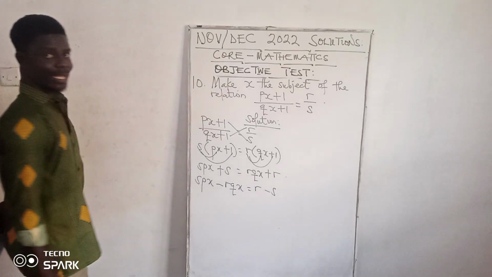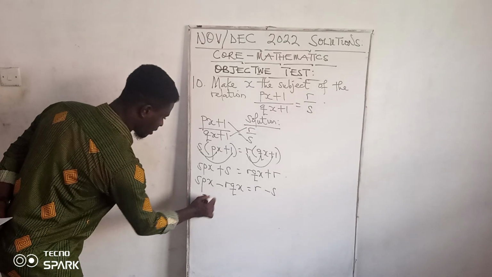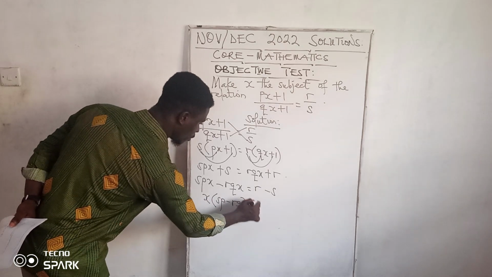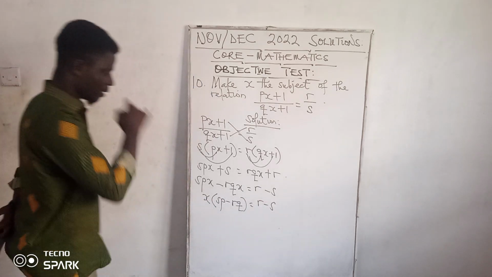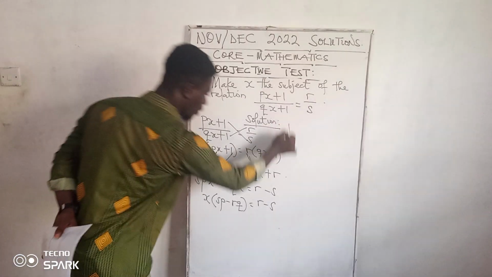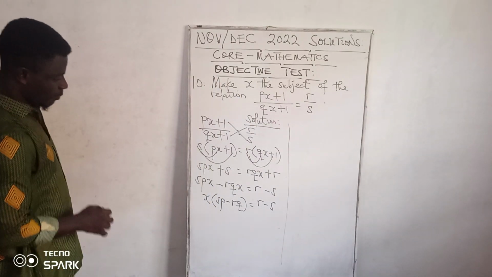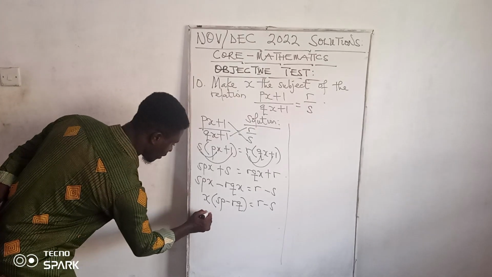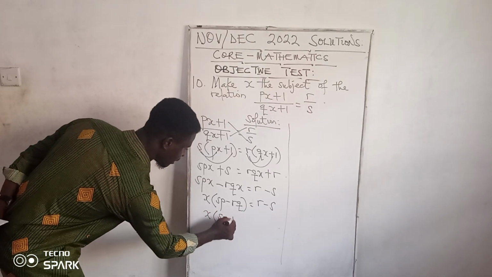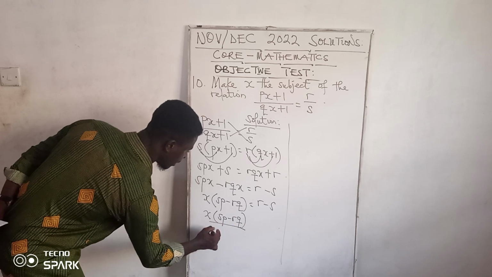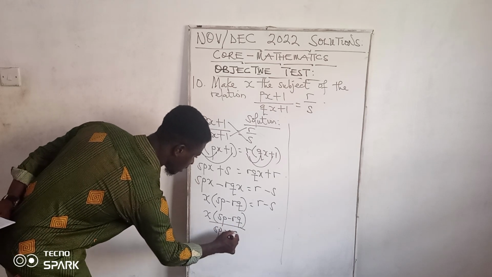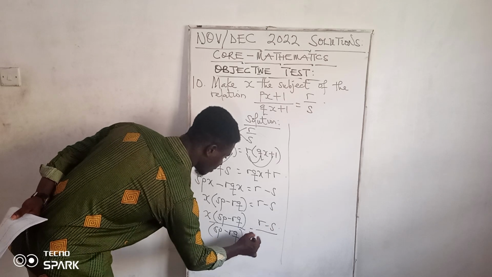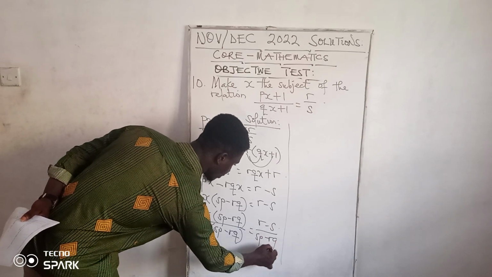We can factorize X out. So I have X out, SP minus RQ equals R minus S. So now what we can do, we can divide both sides by SP minus RQ. So I have X times SP minus RQ divided by SP minus RQ, which must be equal to R minus S over SP minus RQ.